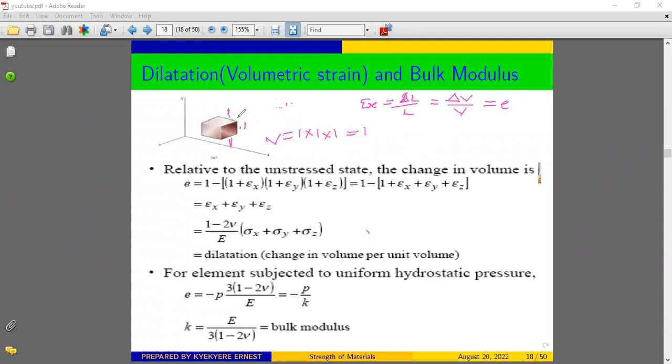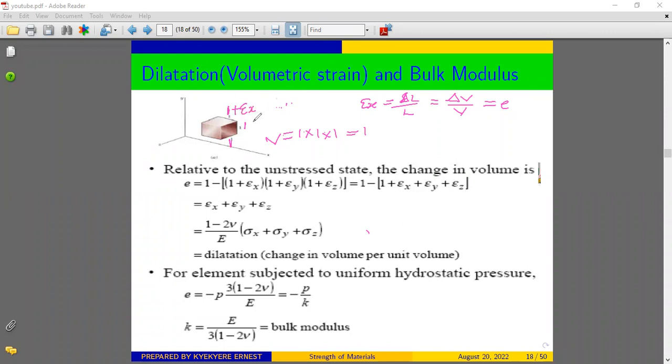So looking at this structure, if there is a change in volume, then the new volume is going to be, on the x-axis, the final length 1 plus the change, which is epsilon x.